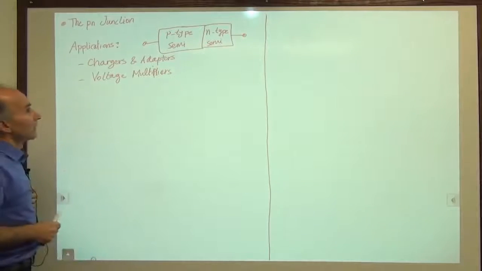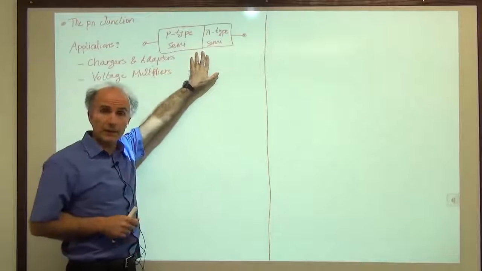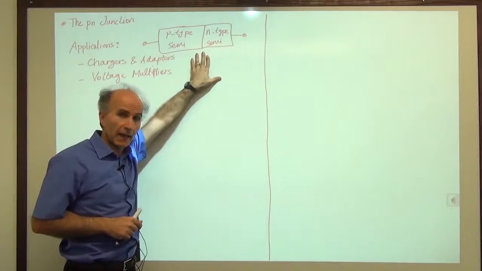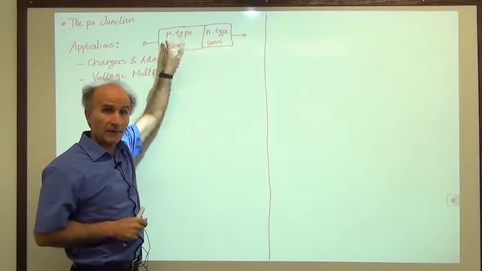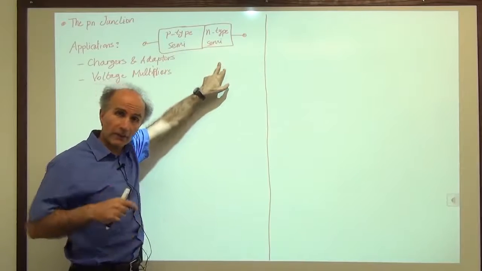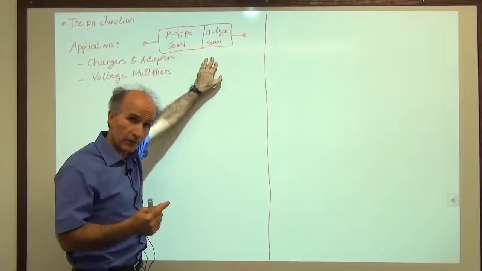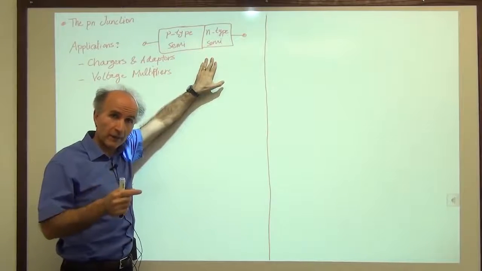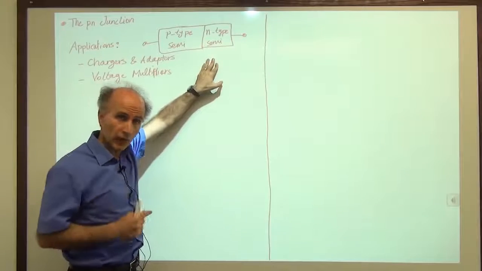Okay, now, this is the first semiconductor device that we study, and as such, it is the simplest because it has only 2 terminals. That's another reason we start with PN junctions or diodes. We don't jump into transistors because transistors are more complex. So first we have to learn how to walk before we learn how to run.